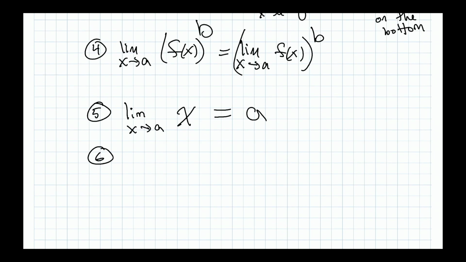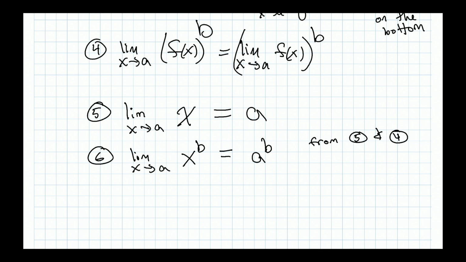Once you have that, that means automatically the limit as x approaches a of x to the b is a to the b. That's not really its own rule, right? That's just combining what I called rule 5 and rule 4. Those two together give you that rule 6.